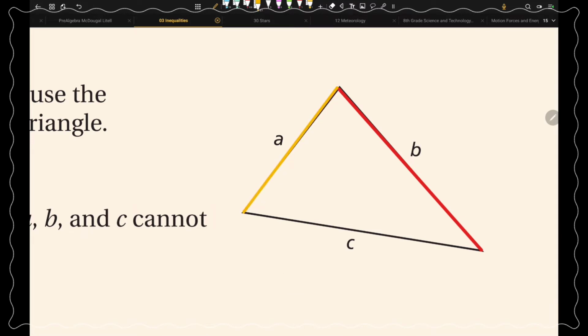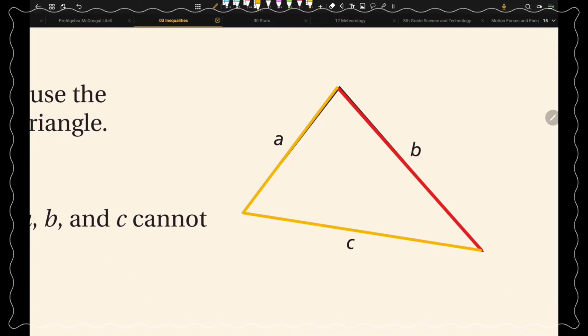So B could be longer than C, and it's definitely longer than A. But no matter how long B is, if it's one side of a triangle, it's never going to be longer than A plus C. So even though it's longer than A, it's not going to be longer than A plus C combined.